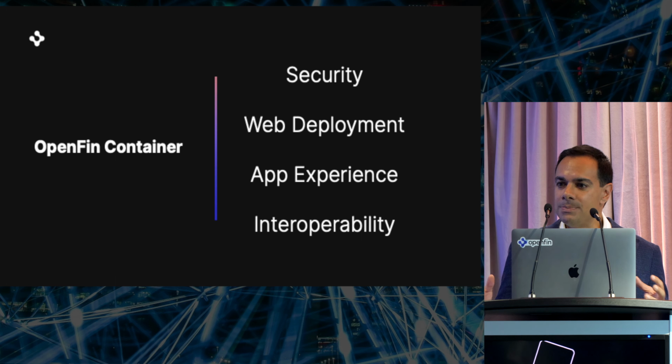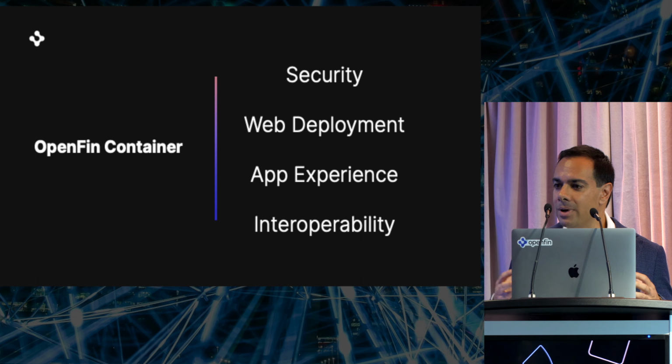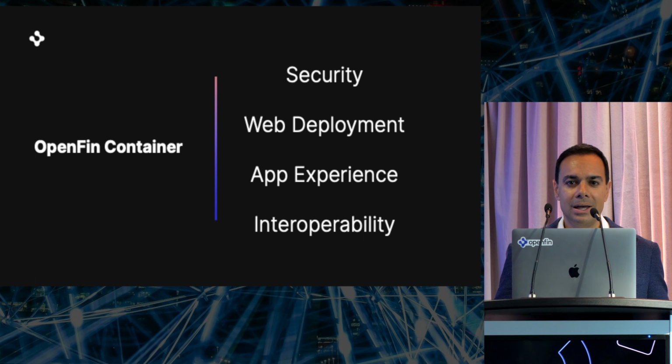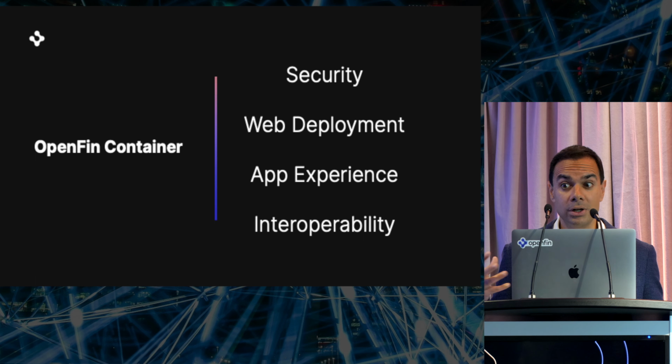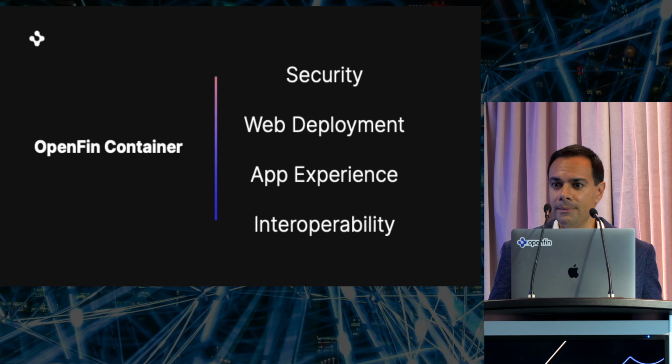But then the app experience was really critical. So this is push notifications, pop-ups, all of that desktop app experience that becomes really critical for engaging your end user. And then finally, interoperability. So it's all about sharing data, sharing context between apps so you can create workflow.